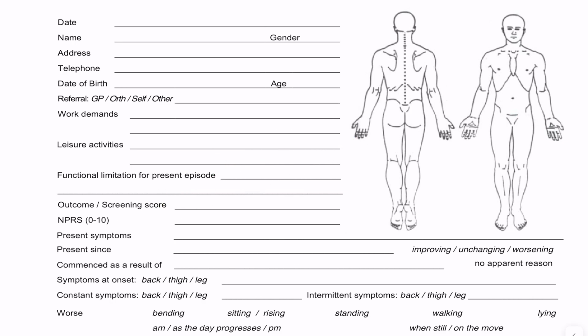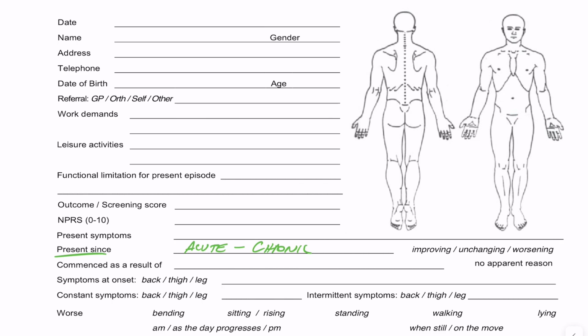Now, present since, this is where you're looking at an acute to a chronic. Where are they at in this stage? That will also help shape some of your thoughts about how stubborn this problem is. If it's an acute problem, that might make you think about certain interventions.